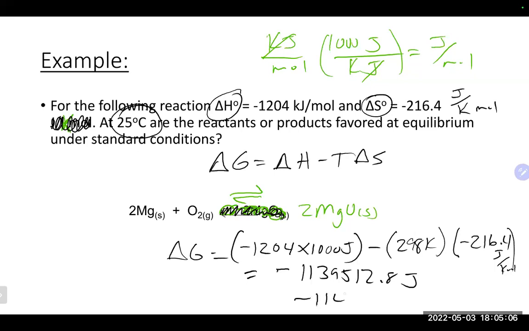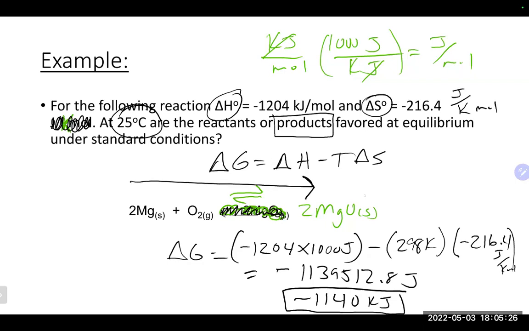How about minus 1140 kilojoules here, divided by 1,000. So would the reactants or products here be favored? It should be products, yes. This means the reaction should be really spontaneous, should be heading in this direction as it's written, which means we should favor our products being formed. And that is a negative, not almost 1140.